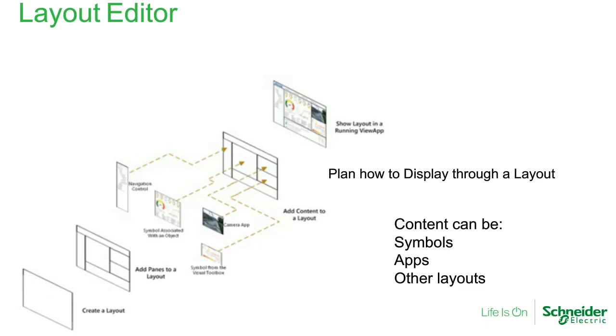And if the panes are then keyed in the same way, the system automatically knows to take those graphics and stick them into the proper panes. And then you can go a step further and have multi-monitor applications where these panes reside on multiple monitors. The content that you visualize can be symbols, which are ArchestrA graphics, or apps. It can also be other layouts. So that's more of an inception type of thing, you could call it layouts within layouts.